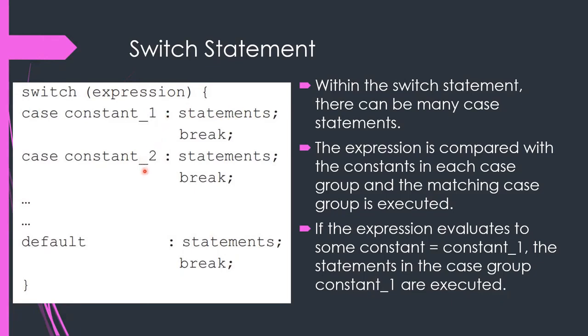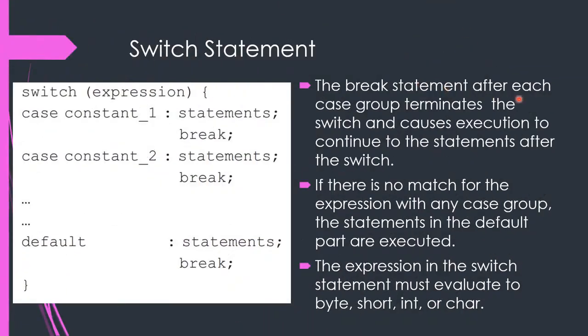If constant 2 matches with the expression, then the statements of this case will be executed. If the expression evaluates to some constant equal to constant 1, the statements in the case group constant 1 are executed, as I just explained already.